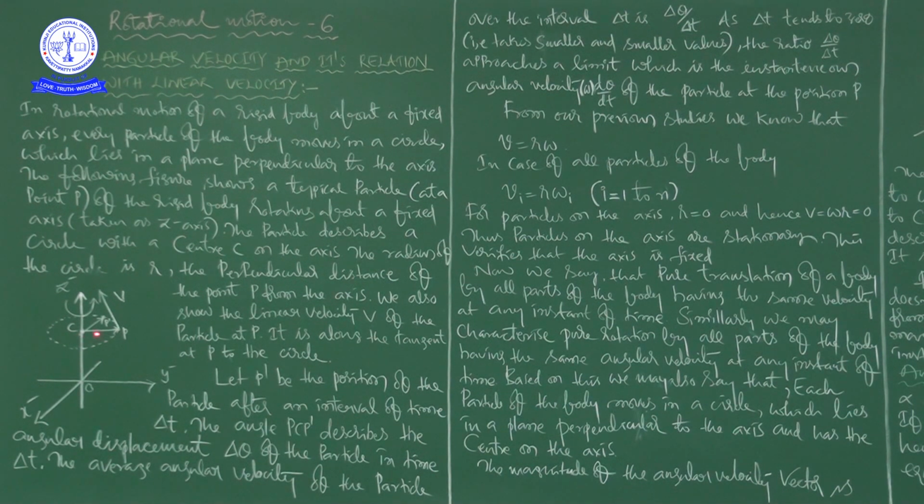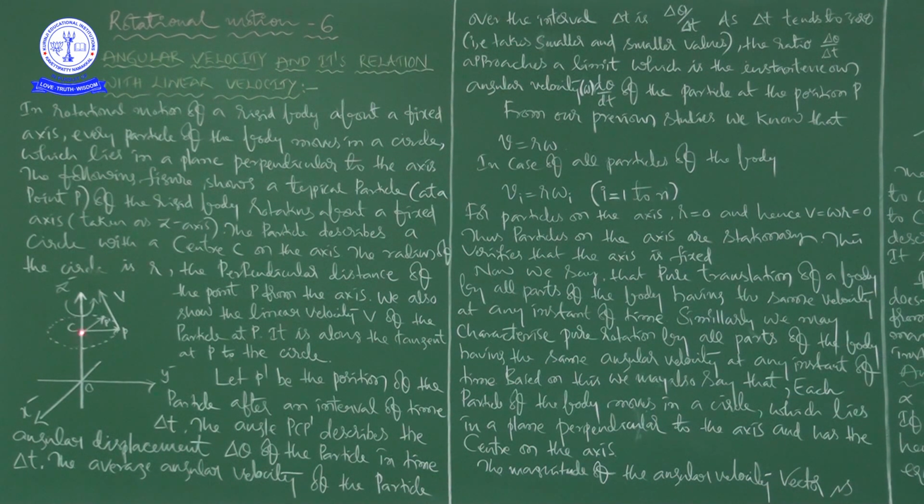So this is r. It is the perpendicular distance of the point P from the axis. So what is the radius? It is the perpendicular distance of the point P from the axis. This angle, the angle from P to P dash, you can assume as delta theta.